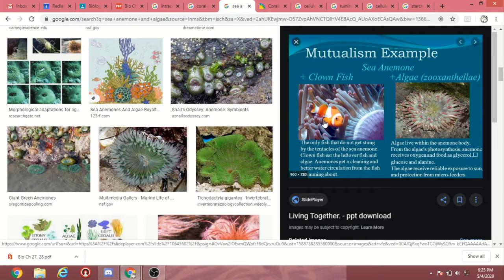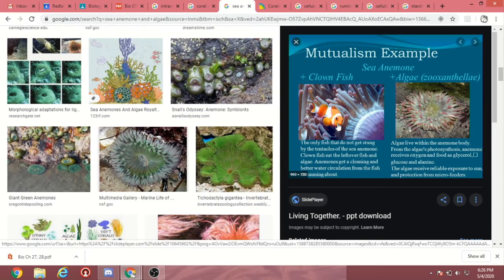Now, here's another mutualism example with the clownfish. That's the one that was brought up in the ecology unit. The clownfish is benefiting from protection, but there's not really a mutualistic nutritional symbiosis there. The sea anemone is not eating the clownfish, so it doesn't really benefit in that way. But it is mutualism. They both benefit.